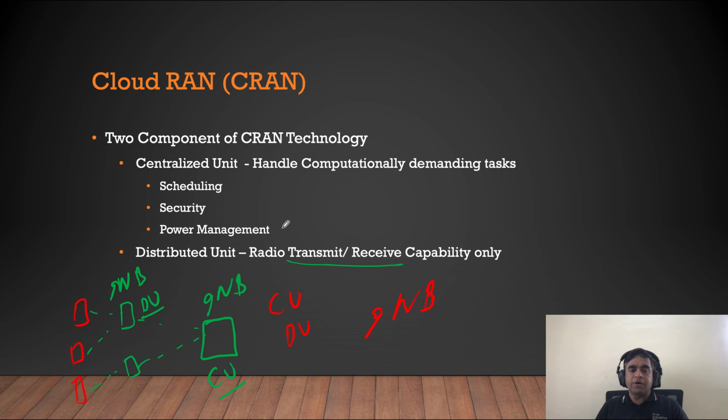The advantage is that this provides a much more scalable way. In case more DUs are coming, we can easily scale this, or we can downscale if DUs are going away. So on-demand resource allocation is happening in this case, and it also provides some reduced cost benefit as well. Basically, as part of Cloud RAN, you are separating the CU from the DU.